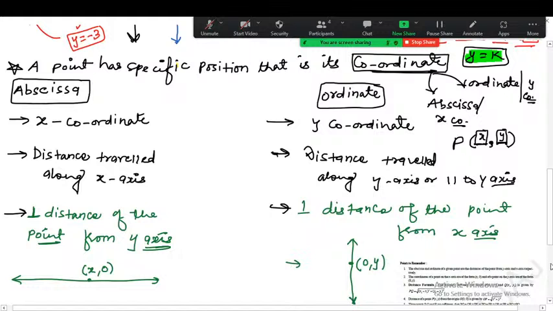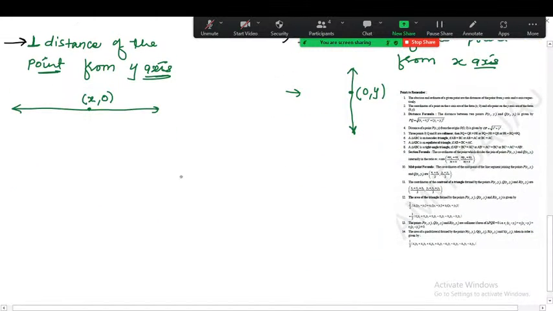It has only an ordinate. But if my point lies in any of the quadrants rather than on the x-axis or y-axis, then it has both coordinates. Here both are positive, that is the first quadrant. X is positive, y is also positive.